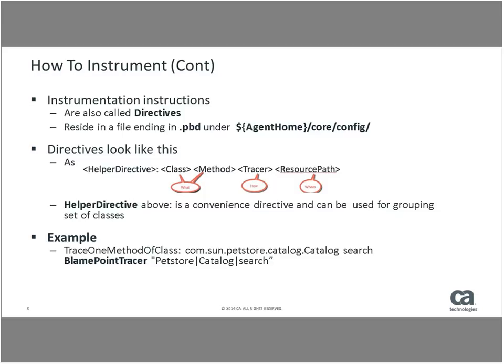And then there is a helper directive, which is basically a convenient directive and can be used for grouping a set of classes. Instead of providing a line for each and every class, package, and method, you can group them together with the help of directives. We'll look into some examples in the coming slides.